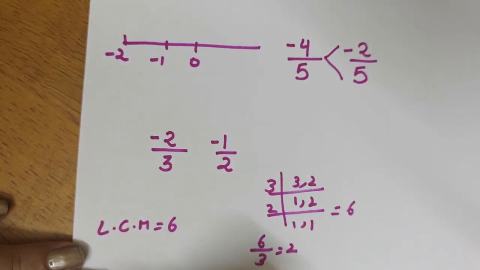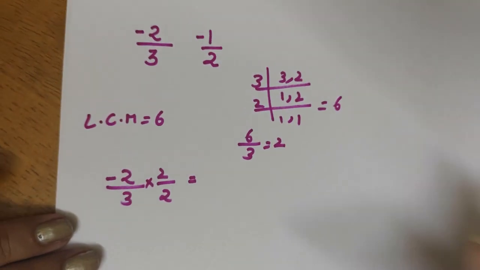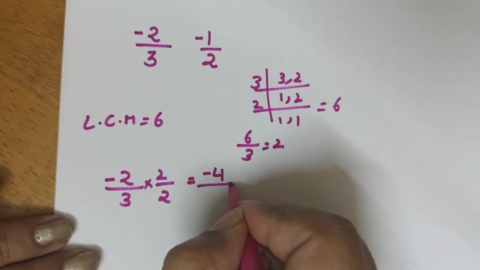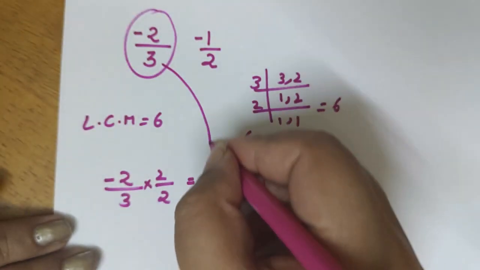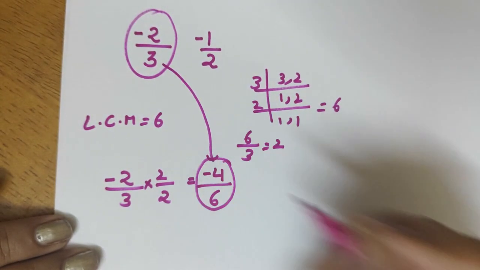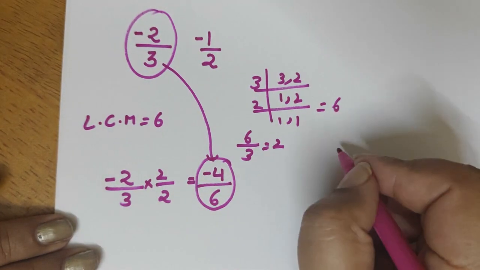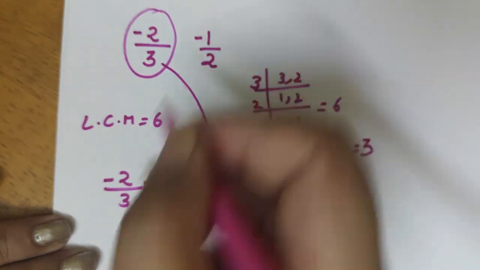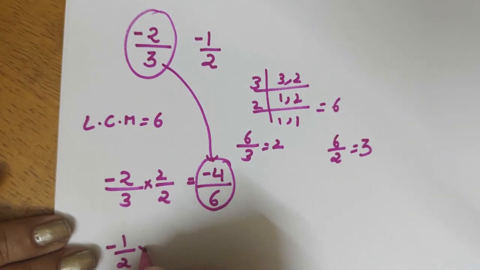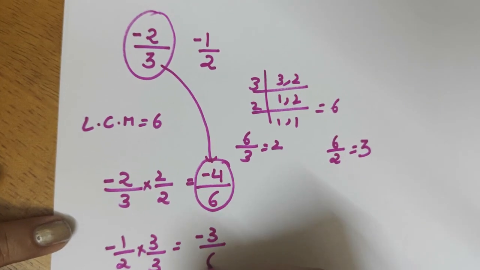So -2 by 3 into 2 by 2 will be -4 by 6. Okay, so this number changes to this. For this one, 6 by 2 is 3. So that means -1 by 2 into 3 by 3, which will be -3 by 6.